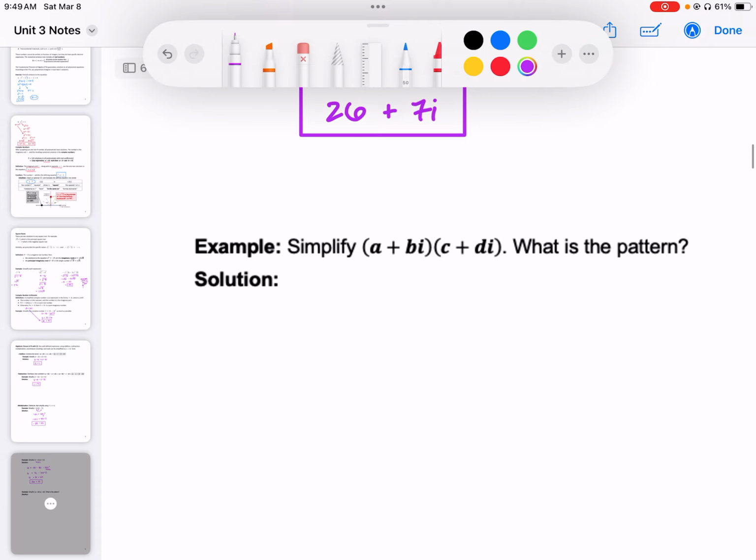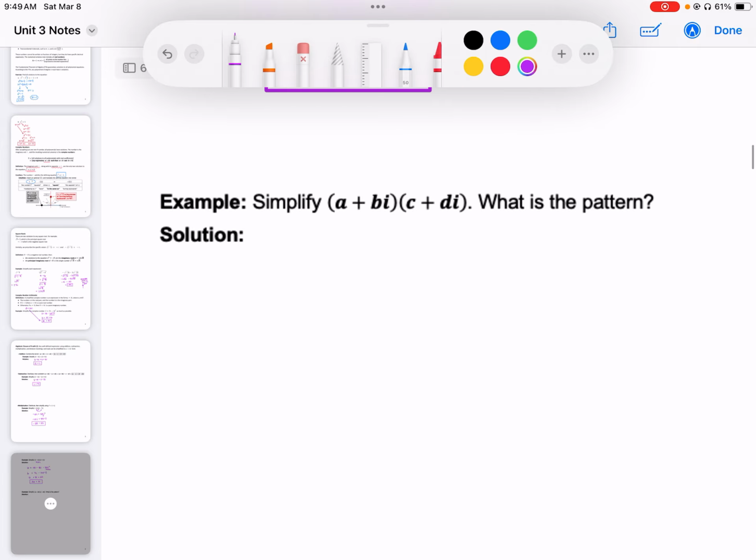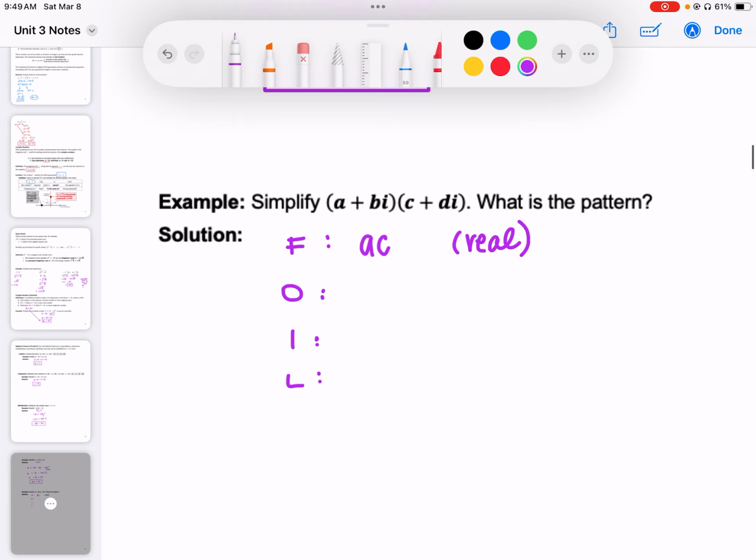Now, as for our pattern, right, we're foiling like we would any other scenario. So if we say FOIL, our first terms are going to be AC, which are real numbers. The outer is going to be ADi, which is imaginary.